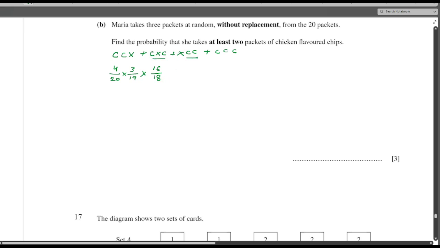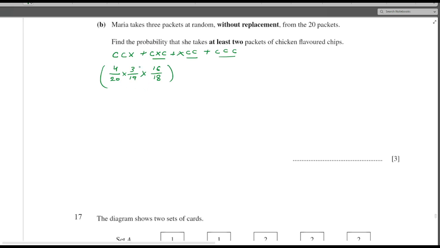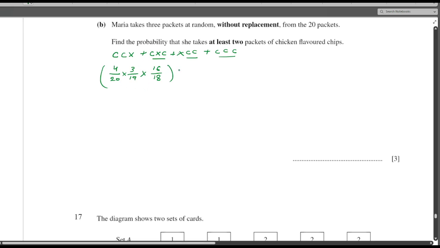All three of these arrangements have the same denominators and numerators, so I will multiply this whole by 3. And for all chicken, it is going to be 4 divided by 20 times 3 divided by 19 times 2 divided by 18.